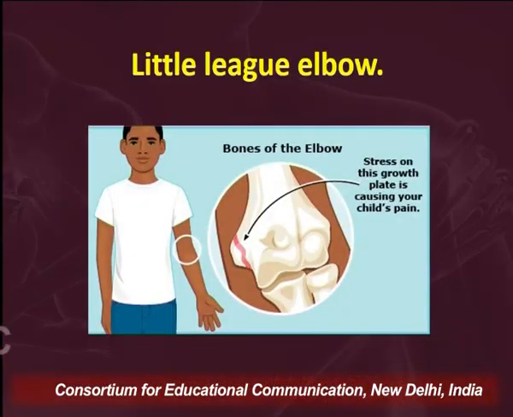Now, little league elbow. You can see the little league elbow in the picture also. So this is a growth plate injury to the elbow caused by repetitive throwing in youths. It is most common in pitchers, but any young athlete who throws repeatedly can get it.